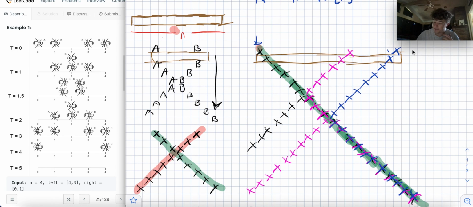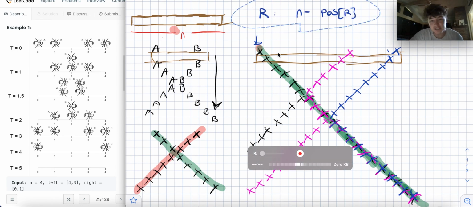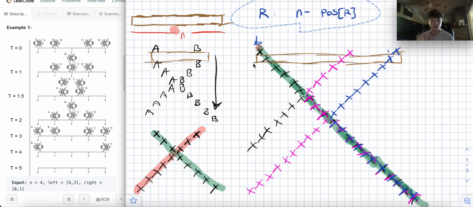So what I'm basically saying here is how long will it take for something going right to fall off the board? Well, this thing starts at position 0, so it takes the length of the board to fall off, because there's going to be a node, either the node itself or the ant itself or someone else, that ends up taking that path. So it's going to take the length of the plank minus the position of the element in order for whatever is associated with that path, it could be the ant itself, to fall off the board.